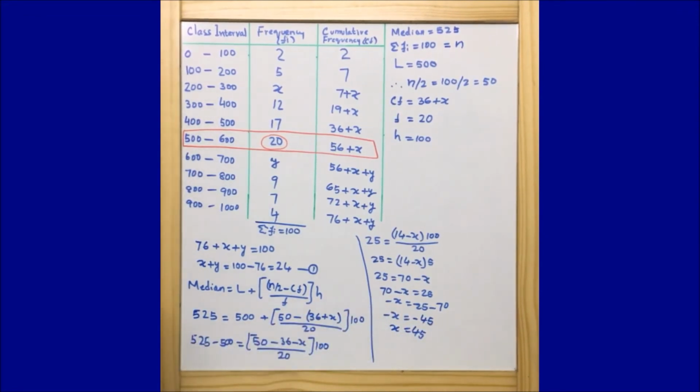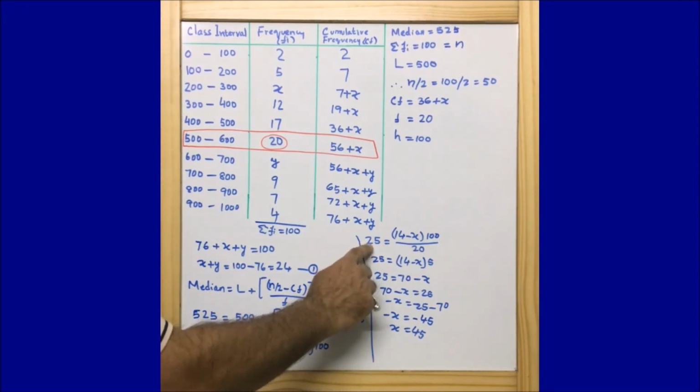So guys, we got the value of x as 45. I think something is missing here, or something wrong I did here. Let's check. 50 minus 36 minus x by 20 into 100. Till here it is clear. 525 minus 500 is 25 here.